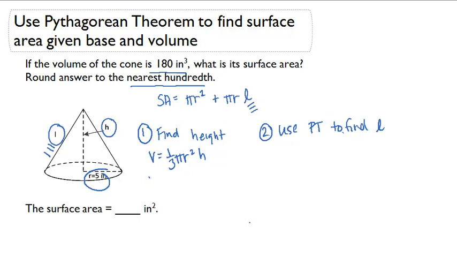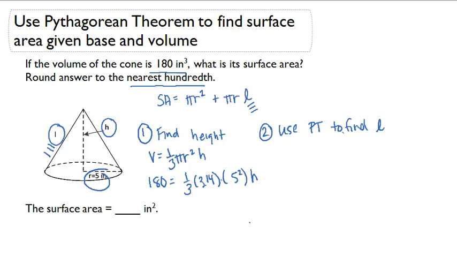And we can write volume is 180 equals 1/3 times 3.14 times 5 squared times h. So if I do this multiplication, I would get 1/3 times 3.14 times 25. If I multiply that out, I get 26.17.